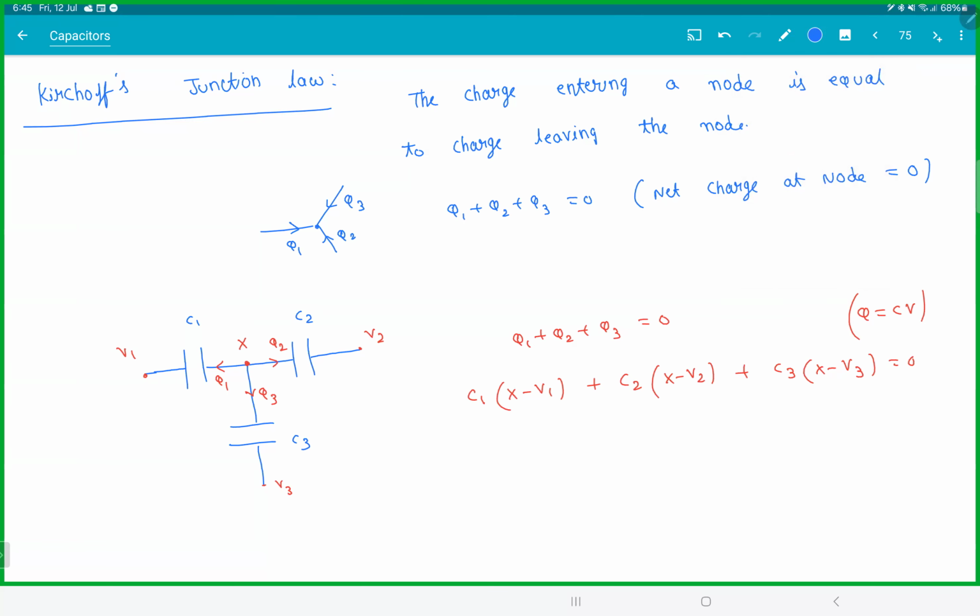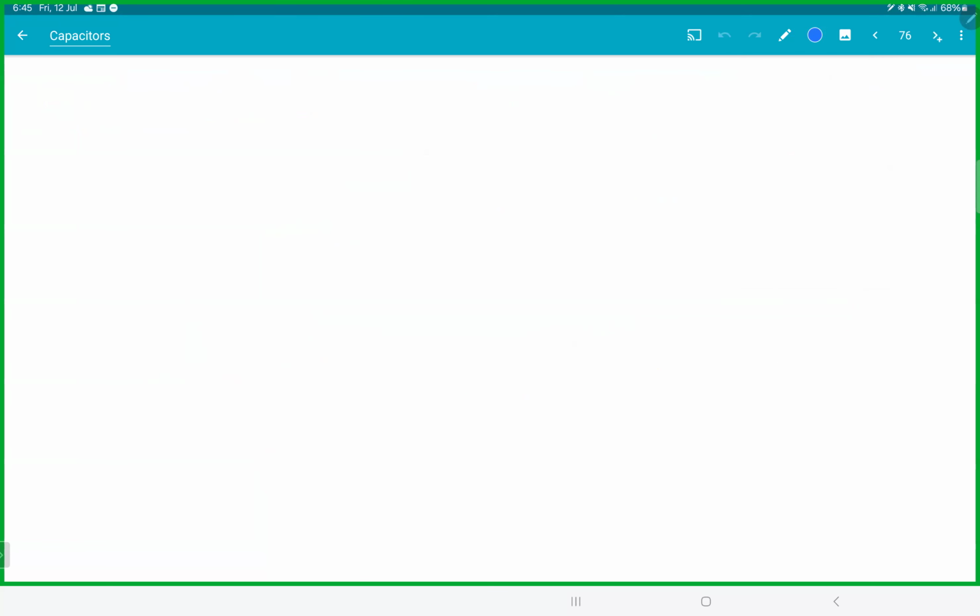Let's see a circuit. Let me give you an example to solve. Let's say this is V, this is 2V, this is C, this is C, and this is 2C.